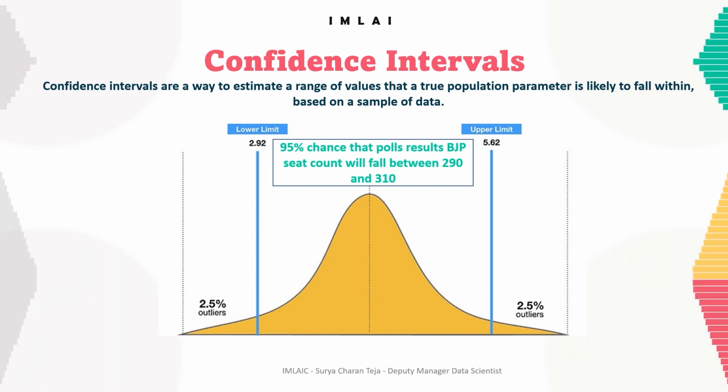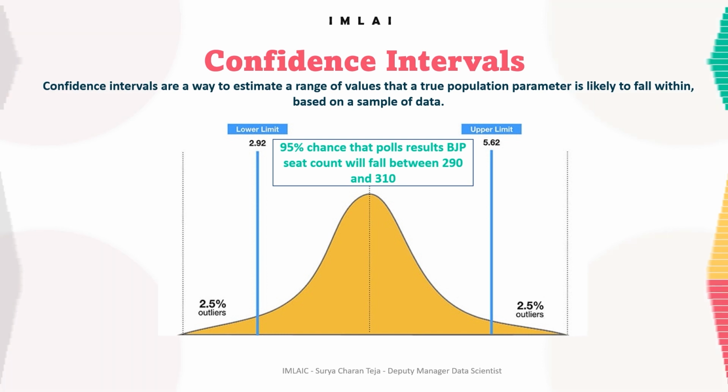I hope you are getting my point. If not, I will repeat it again. Confidence intervals provide a way to estimate the uncertainty associated with a sample estimate and to assess the precision of the estimate. They are useful for making inferences about a population based on a sample of data and comparing different groups or treatments.